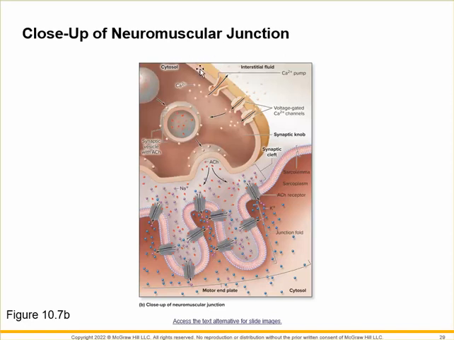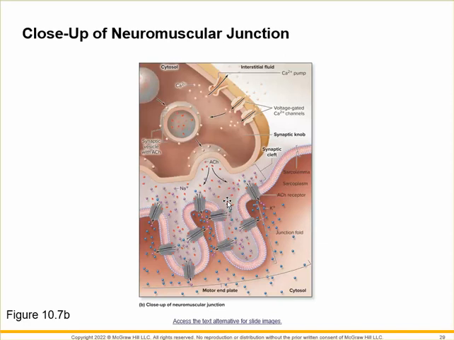So, nerve fires, the nerve signal allows calcium to enter the nerve, which causes the release of acetylcholine, which causes the sodium channels to open and allows sodium to go from the interstitial fluid into the muscle cell based on a concentration gradient.